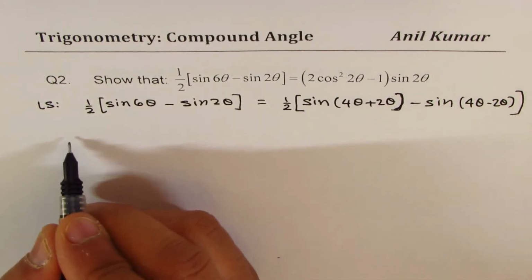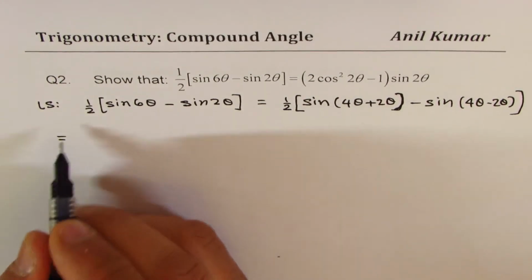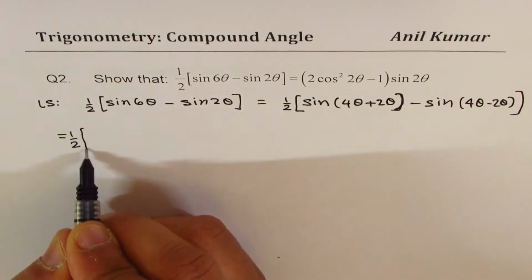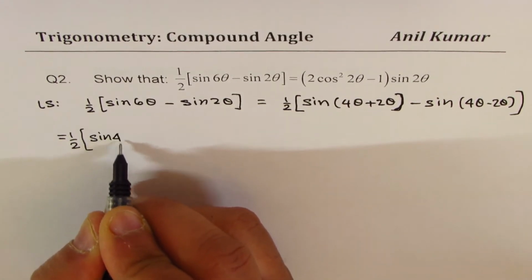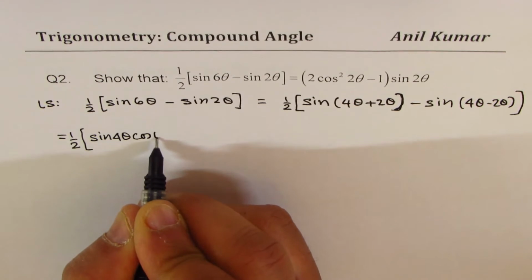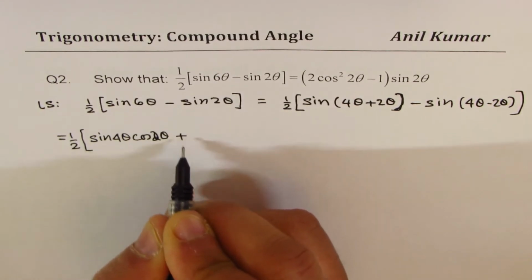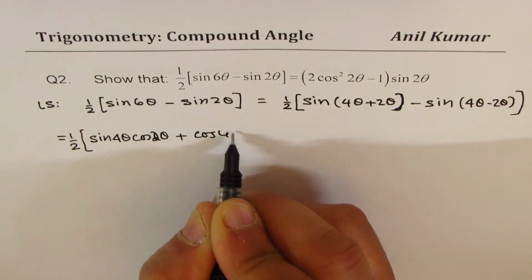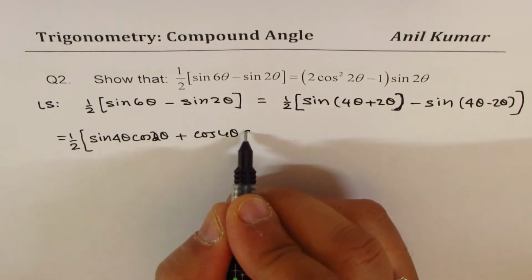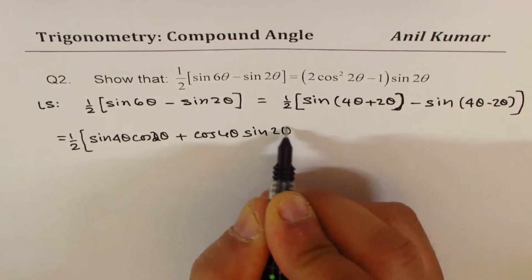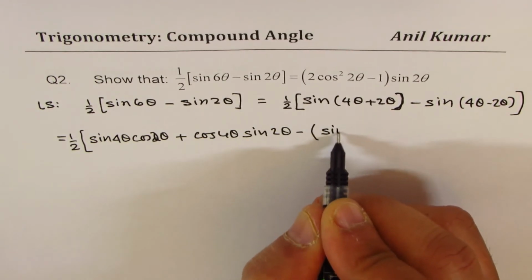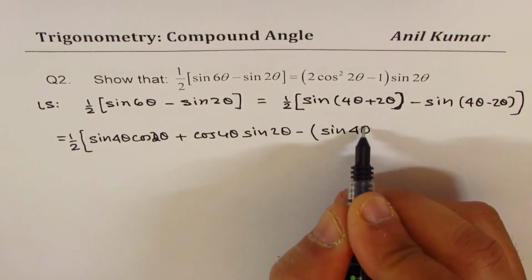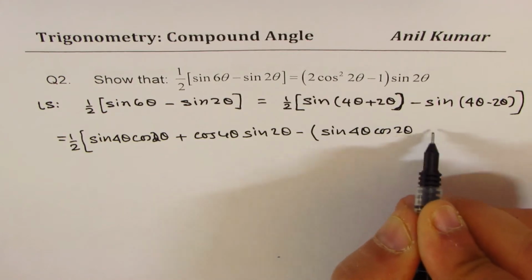Now using the sine A plus B formula we will expand. So we get half of, expanding the first part, sine of 4 theta cos 2 theta plus cos 4 theta sine 2 theta, right? Minus, for the next one, we get sine of 4 theta cos 2 theta.